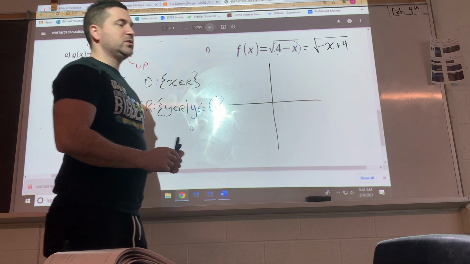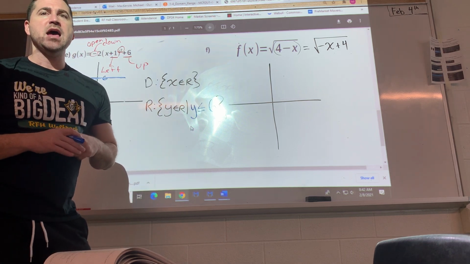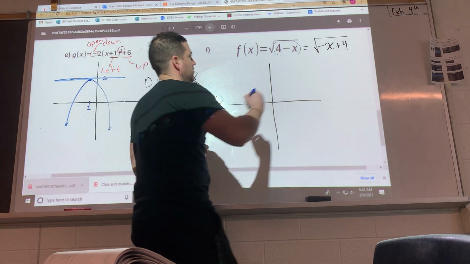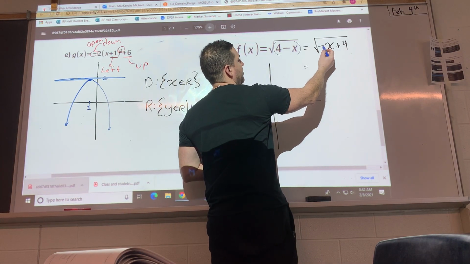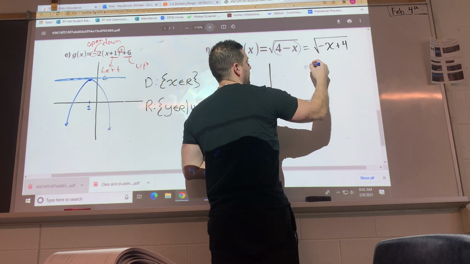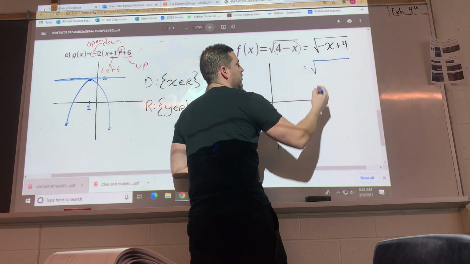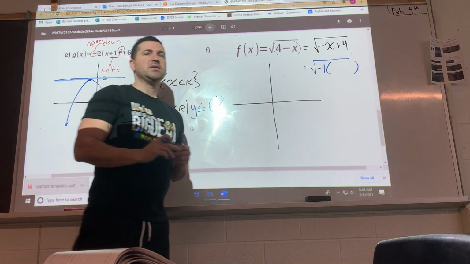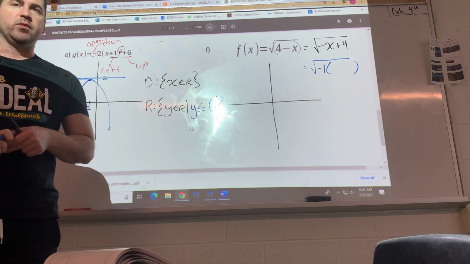One of the key things with a k value is you always have to factor it out. Okay? So what I mean here is the negative has to be separated from this equation. So what we're going to do is we're going to take out a negative 1. We're going to take a negative 1 out from the equation.